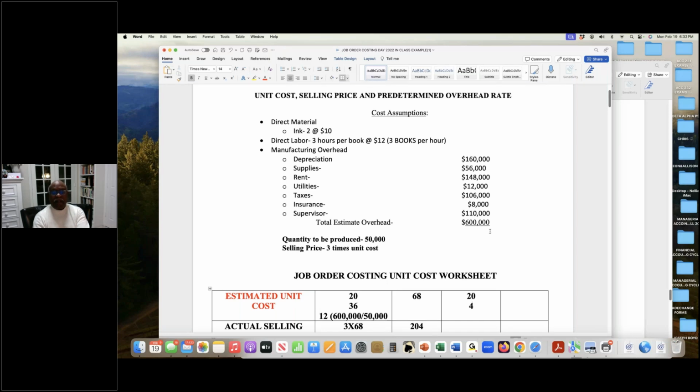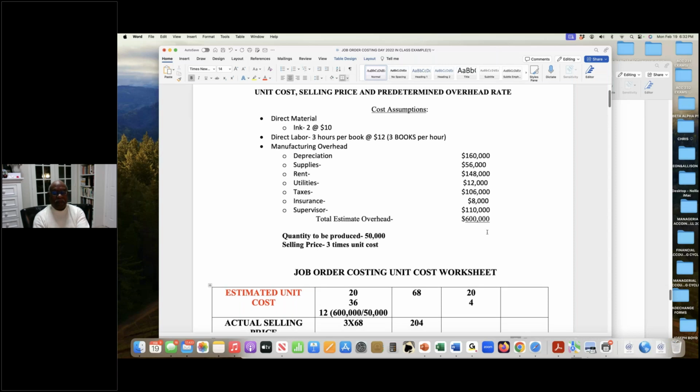What about the manufacturing overhead? Still 12. It would still be 12. So what's our total cost now? 36. Okay, 36. So you see the difference it makes in terms of your cost?